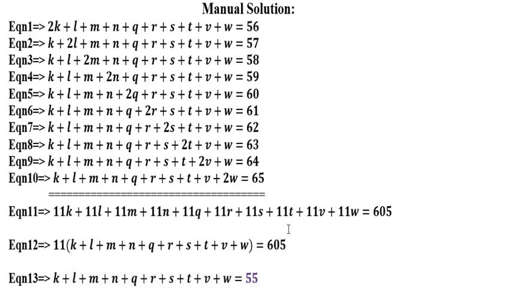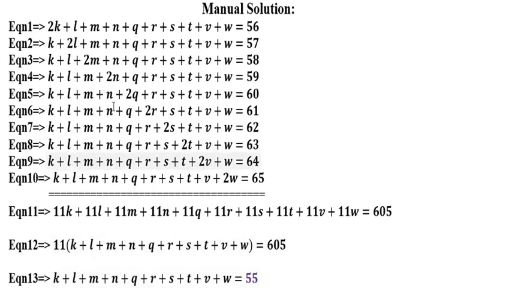Okay, now to solve manually, compare equation number 1 to equation number 13. They are the same except equation number 1 has one extra K. That means equation number 1 is K plus equation number 13.